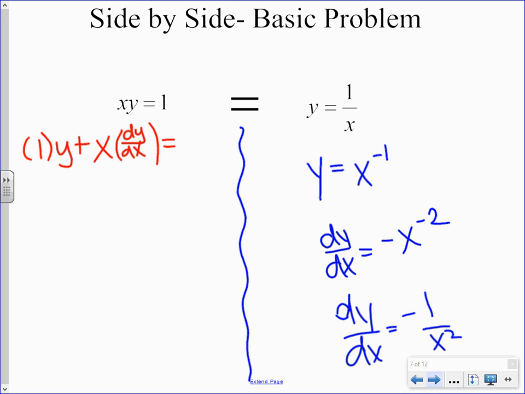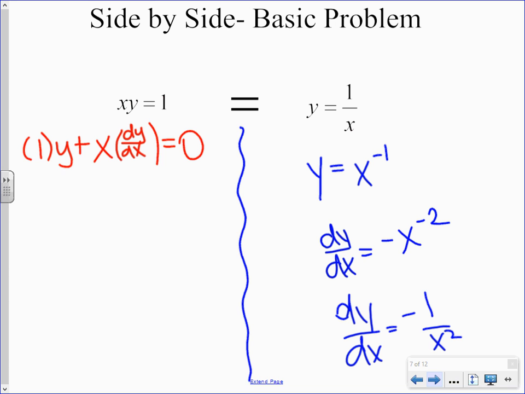What is the derivative of the constant on the right side? It's 0.